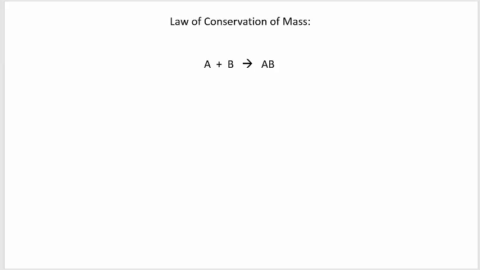All right, so what we're going to talk about in the second part of this lesson is balancing chemical equations. Before we do that, let's just talk about what the law of conservation of mass is. You should know the definition and you can see it in your notes packet. It basically means whatever mass you start with on the left, you have to have the same mass of products when you're finished.